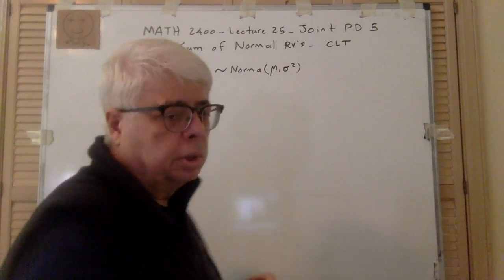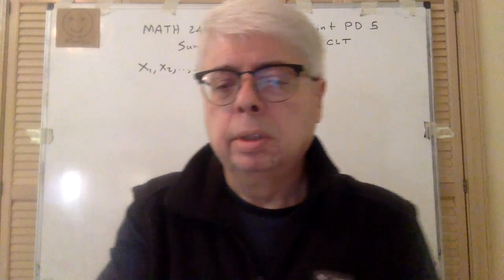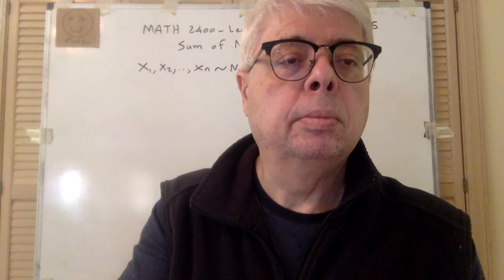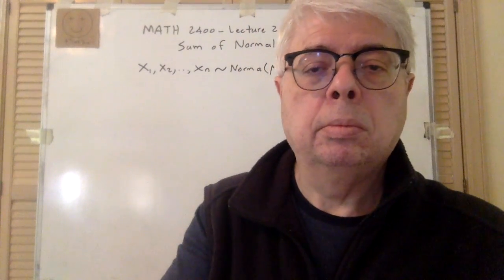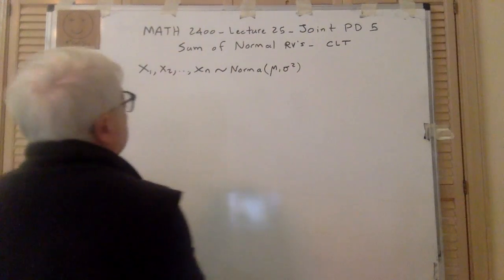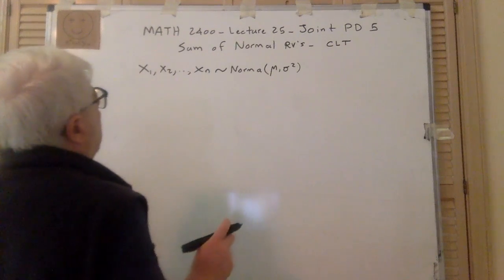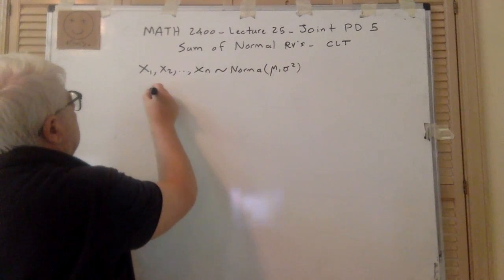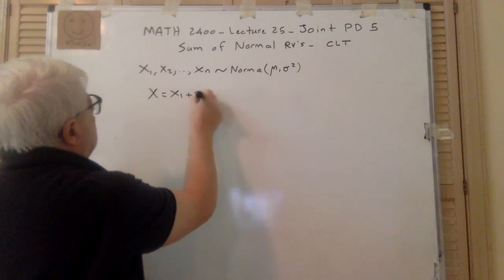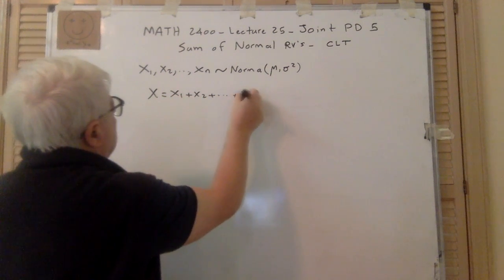So those are the things that we have here. And we want to see what this is: X equals, say, X1 plus X2 plus up to Xn.